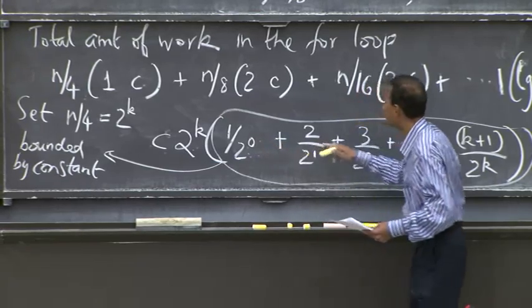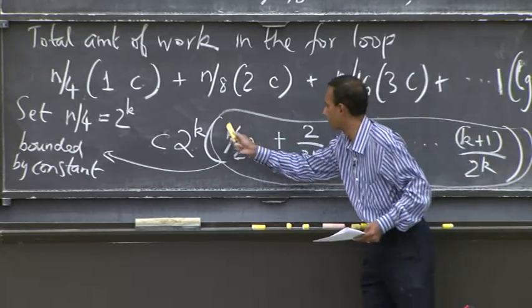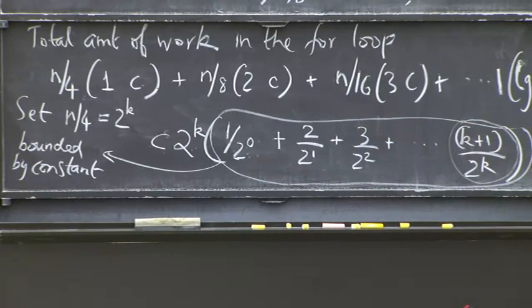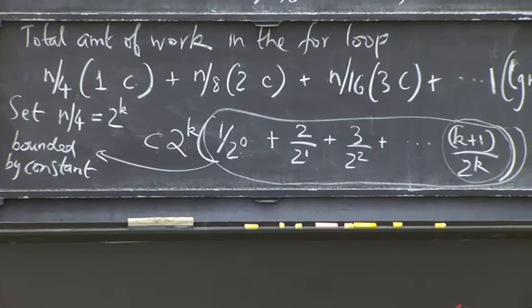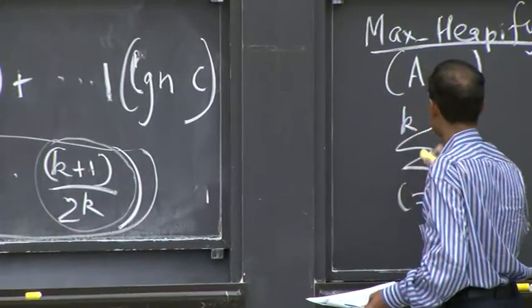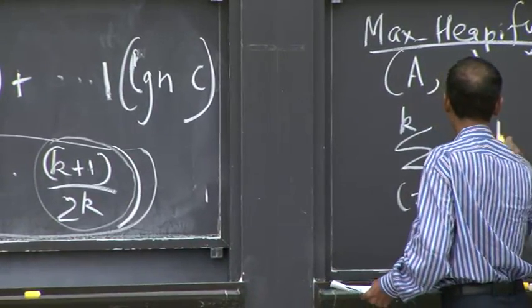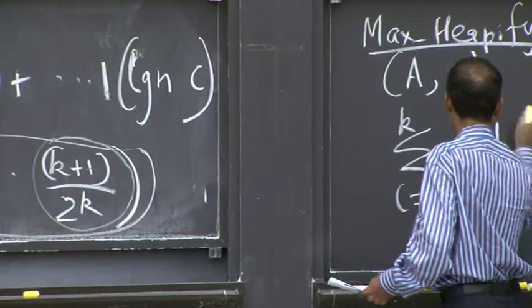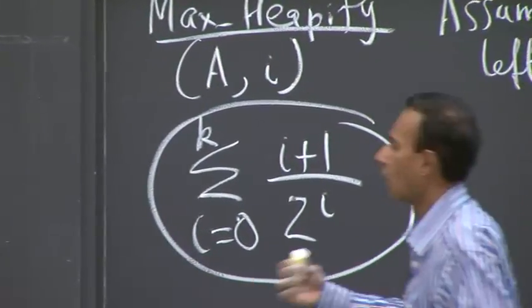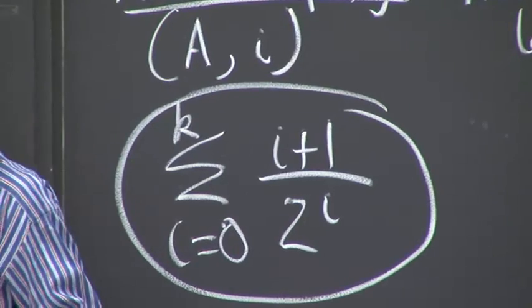The reason I want you to do this is because I want to show you an expression where, in some sense, this is the term that is the summation for your expression. You can write that out as the sum for i equals 0 through k of i plus 1 divided by 2 raised to i. That is the symbolic form of this expression, which came from here.